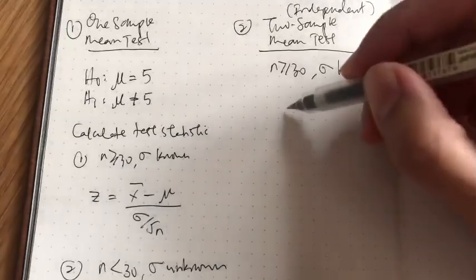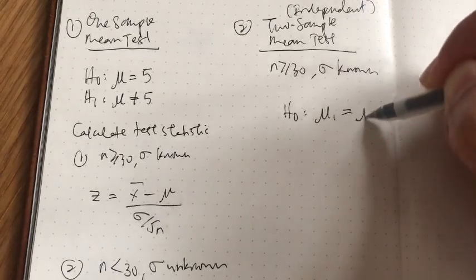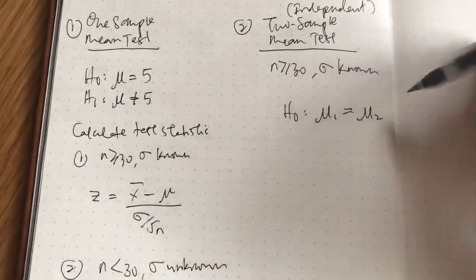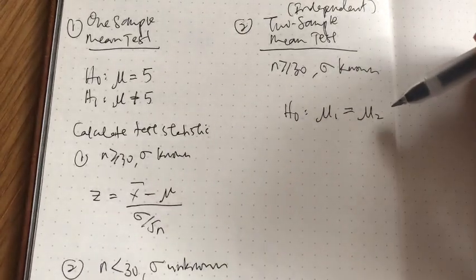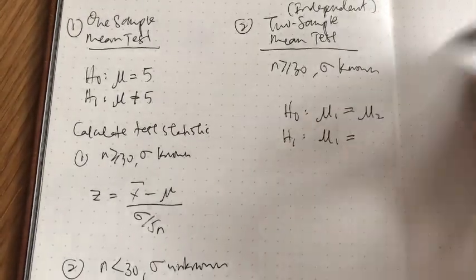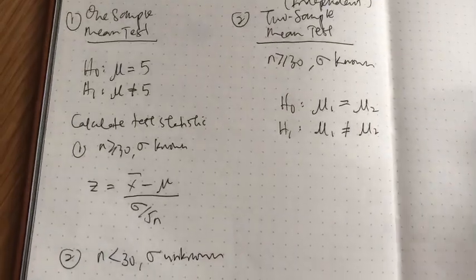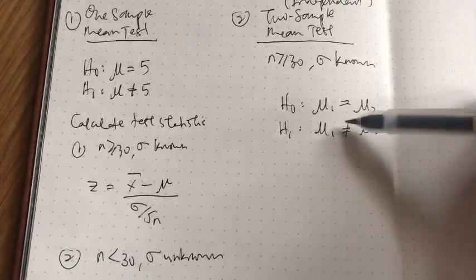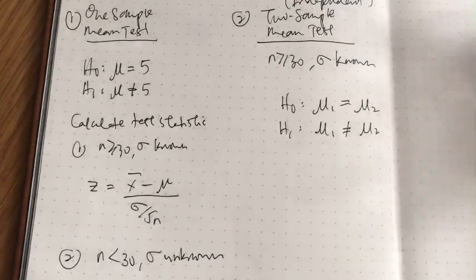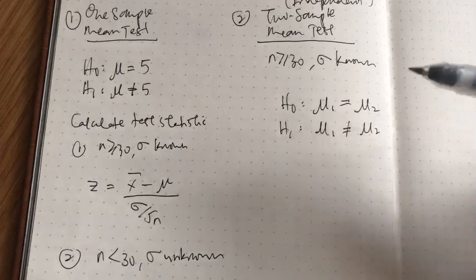That is why the null hypothesis is written this way: mu1 is equal to mu2. It means we assume that both population means are equal to each other, and alternatively we say that they are not equal to each other. Of course, the sign here can also be greater than or lesser than depending on the question. This is the first thing that you should know, how to write the hypothesis.